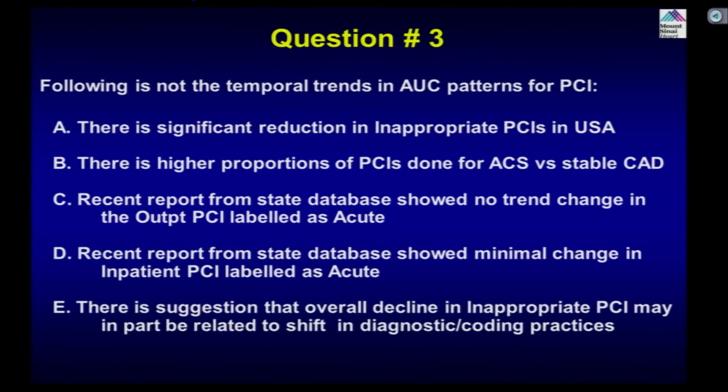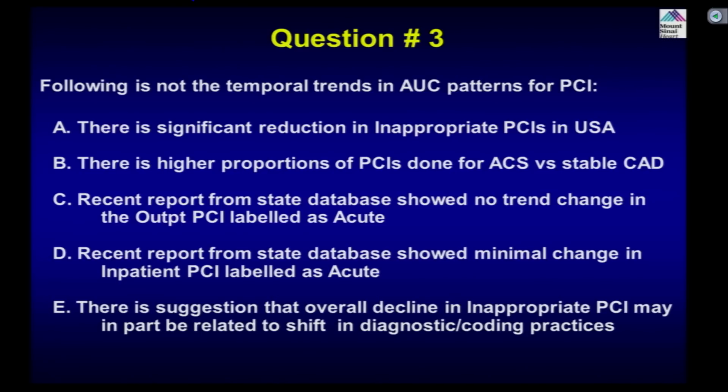Third question, following is not the temporal trend in OC pattern for PCI. There is a significant reduction in inappropriate PCI in USA. There is a higher proportion of PCIs done for ACS versus stable CAD. Recent report from a state database showed no trend change in the outpatient PCI labeled as acute. Recent report from the state database showed minimal change in inpatient PCI labeled as acute.